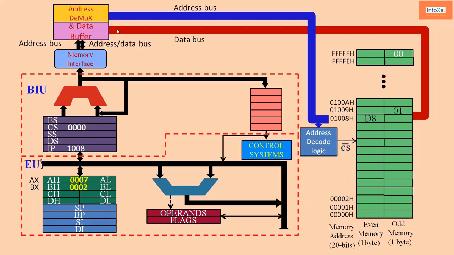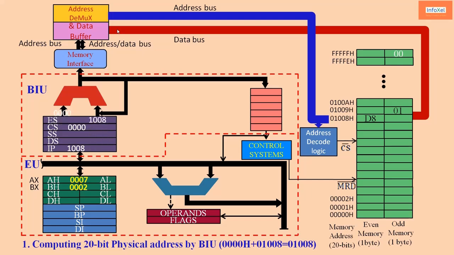CS bar is nothing but chip select logic, which is simply a logic 0 used to enable the memory. And then one more signal is required, which is shown here: memory read, MRD bar.